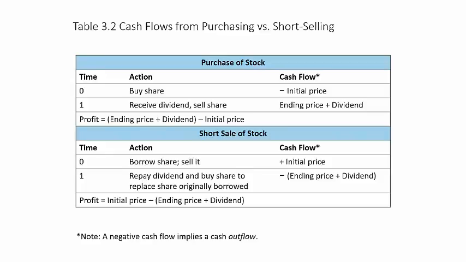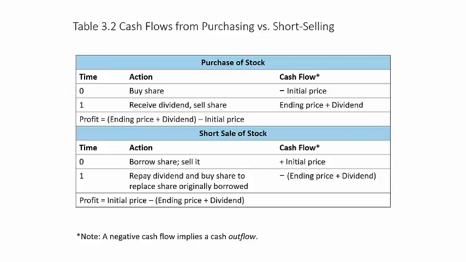When it comes to a short sale, in time 0, you borrow the shares. Remember, you don't own them. You borrow the shares. You sell it. Money comes in. Time 1, or the other period, you repay the dividends, if there were dividends, and you buy shares to replace the share borrowed. So money is going out.